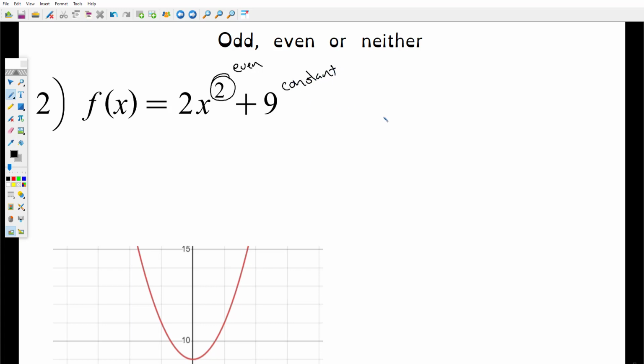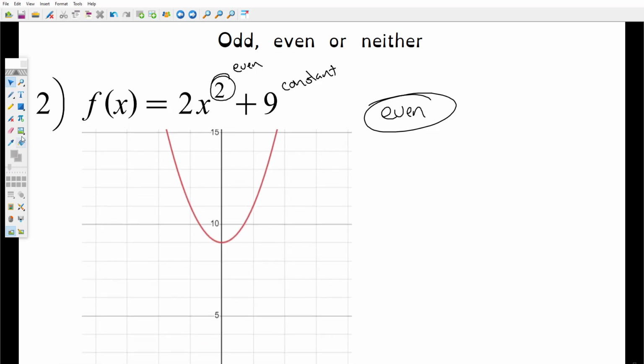So therefore, it's even. And if I look at my graph, I could reflect it across the line x equals 0. So this line right here I could reflect across.